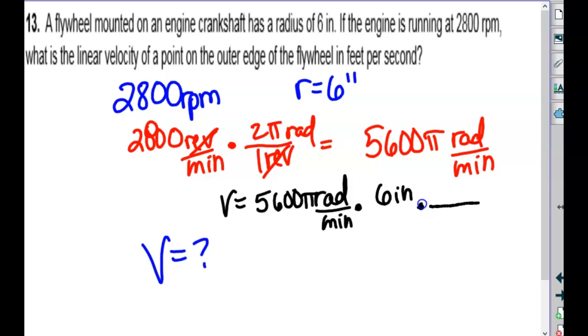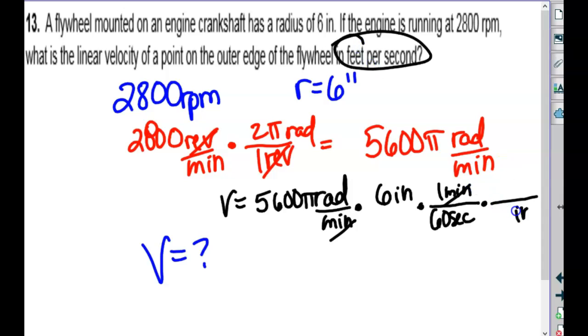Don't say cry. 1 minute is 60 seconds, so that'll get rid of minutes. We also want feet though. So inches needs to go on the bottom, and what do you know about feet and inches? Thank you. I was kind of scared. No one was answering. So multiply all the way across the top and then divide by those two things.